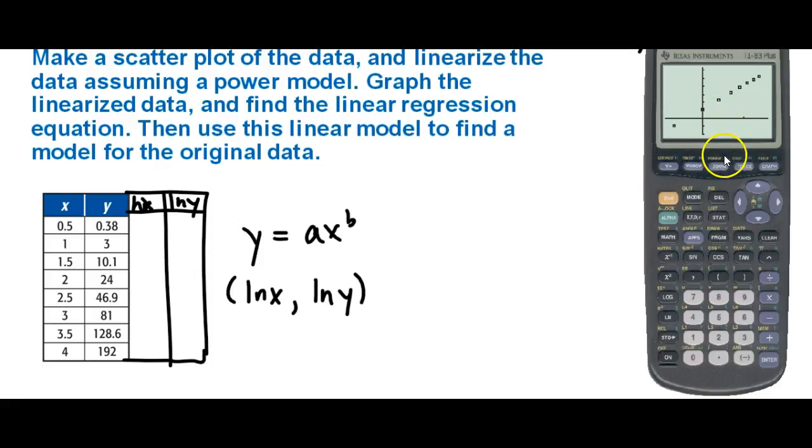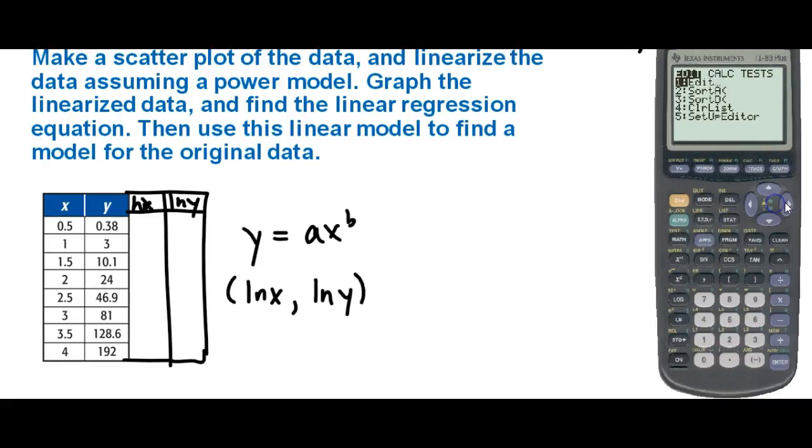So now what we can do is use linear regression to model it. We'll go to calc under our stat menu and use linear regression, where remember we're doing L3 and L4.